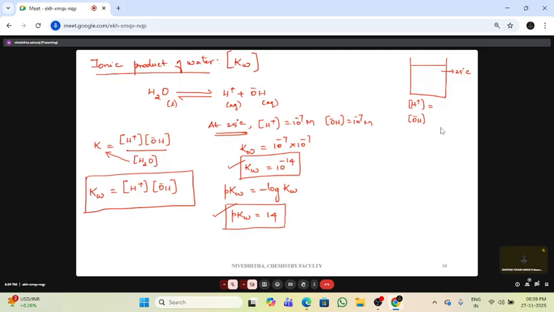Now we're going to derive a relation from Kw equal to H plus ion into OH minus ion. On the left side and right side, I'm going to multiply with minus log. So minus log of Kw equals minus log of H plus ion into OH minus ion.